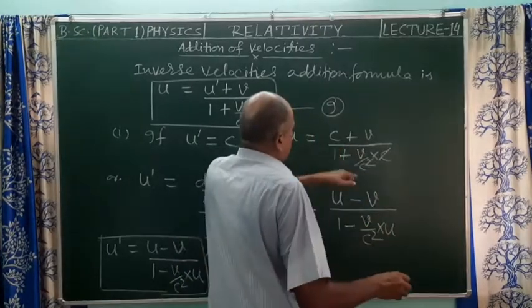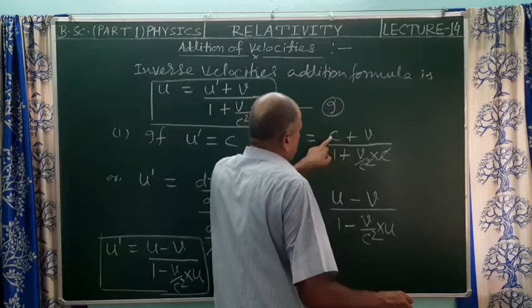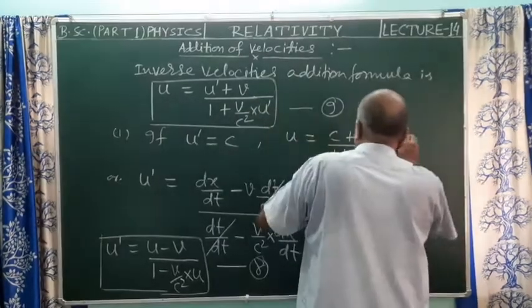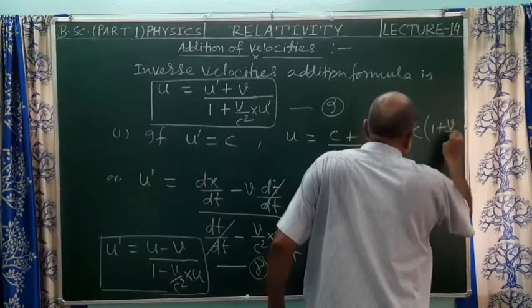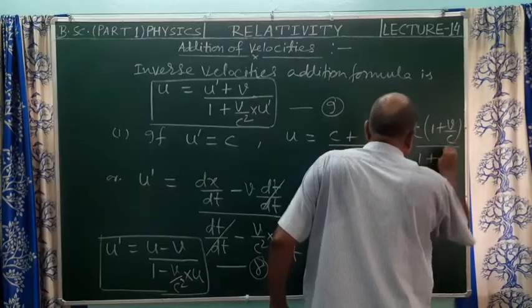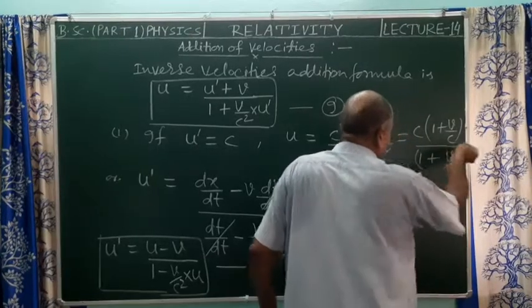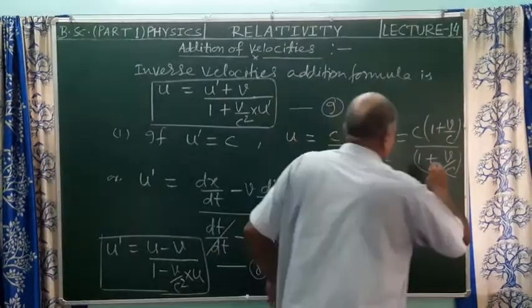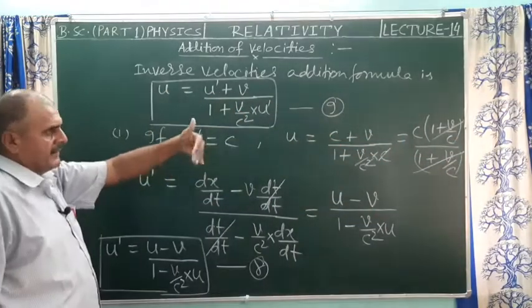अब यहाँ पर नीचे बचा 1 प्लस वी बाई सी, डिनोमिनेटर में 1 प्लस वी बाई सी, अगर यहाँ पर c कॉमन ले लें न्यूमरेटर में फर्स्ट टर्म में, तो c 1 प्लस वी बाई सी अपॉन 1 प्लस वी बाई सी. Now 1 plus v by c in the denominator and 1 plus v by c in numerator will cancel out. Numerator denominator में same term 1 plus v by c है, cancel out हो गया.